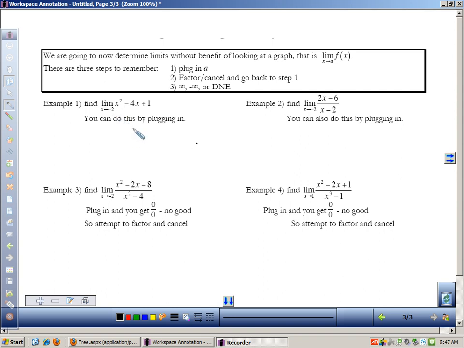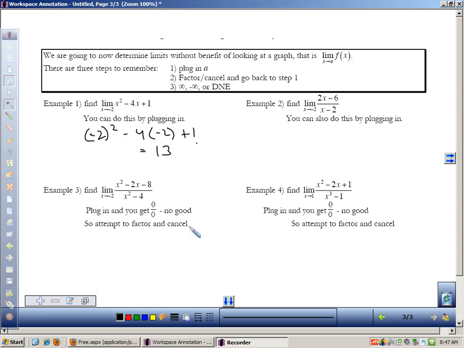So we'll just plug in -2, and we get -2 squared minus 4 times -2 plus 1. We just plug it in. So our limit equals 13. If our function doesn't give us a problem, plug it in to find our limit.